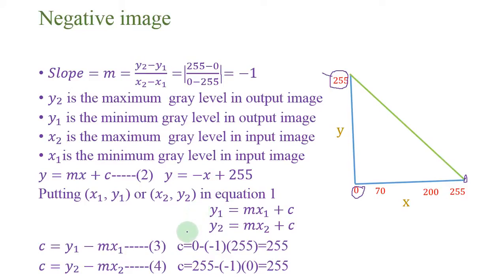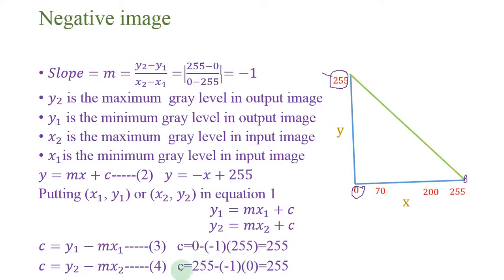Similarly, we shall calculate the value of the constant c in the equation y is equal to mx plus c. So c is equal to y1 minus mx1 or y2 minus mx2. So y1 is 0 minus slope, which is minus 1, into 255, which is x1, and so the value of c is 255.